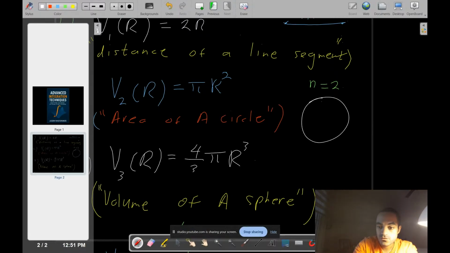So n equals 2, we have a dot, right at the center of the circle. Let's say from point O to the end point, point P, okay? Here's point P. And this will be length OP, let's say. This is length OP, and OP has radius R, okay?